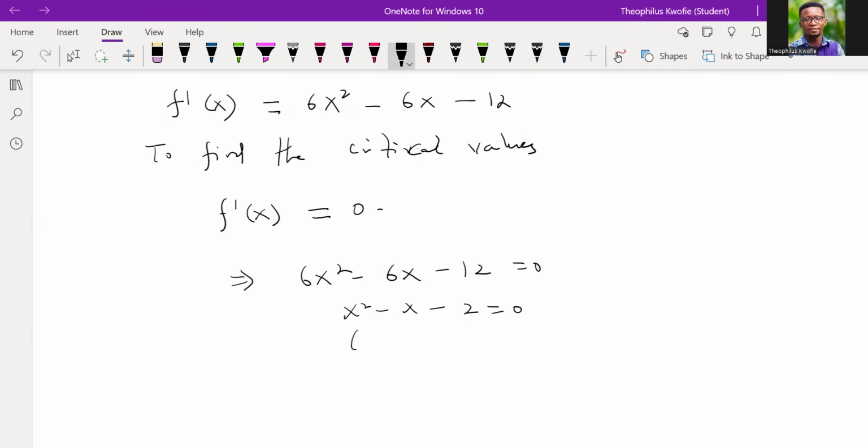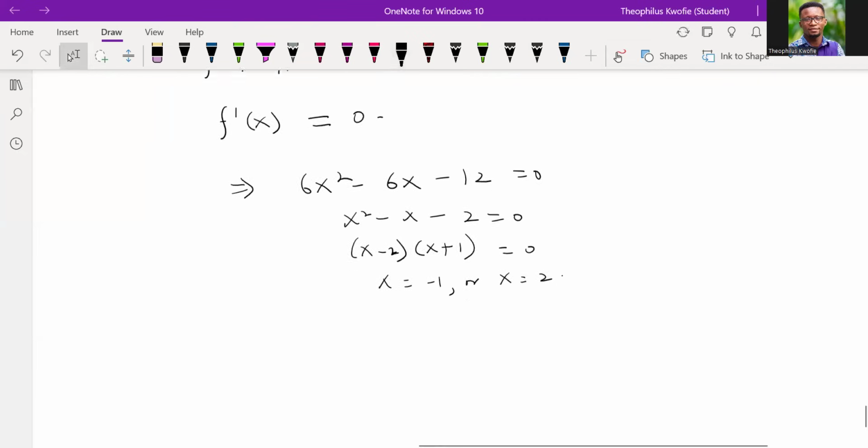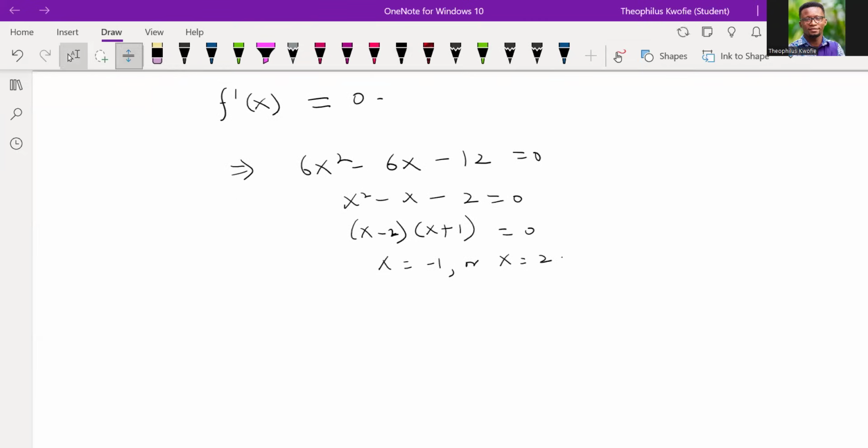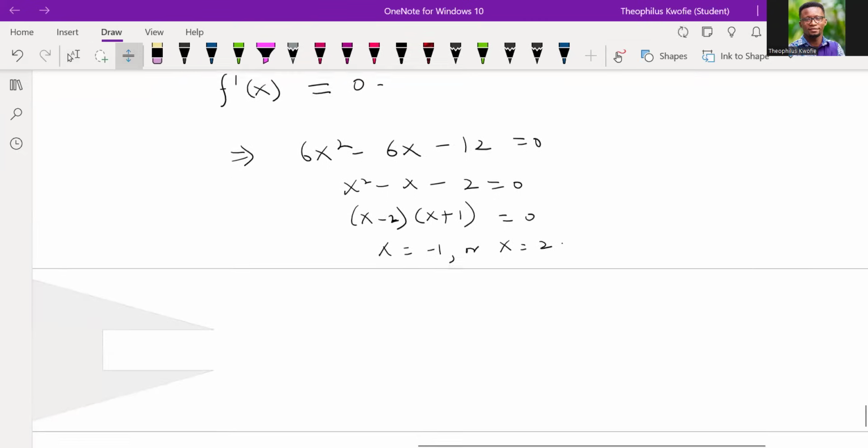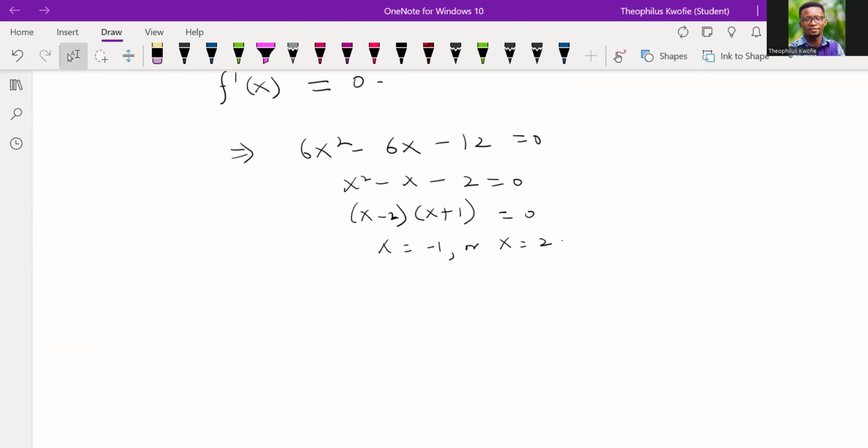And when you expand and simplify, you should be able to get something as x plus 1 equal to 0. So we're going to have x equal to -1 or x equal to 2. So these are our critical values, okay? Our critical values, we have -1 and 2.